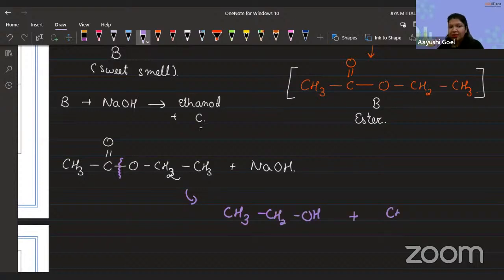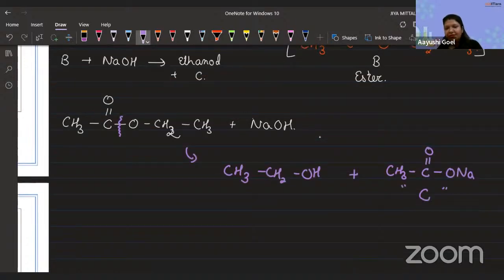So add everything which remains in the compound: C double bond O. From NaOH, H is added there. So what do we remain with? We remain with ONa. So that is your C. That is the sodium salt of a carboxylic acid.